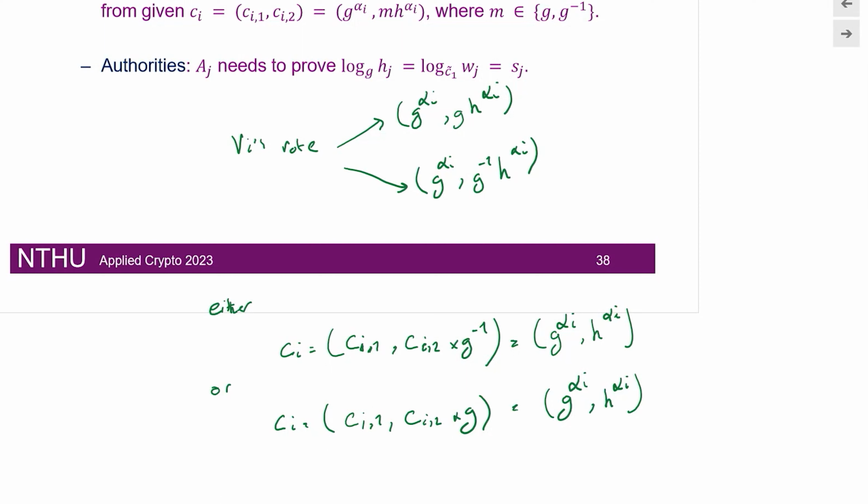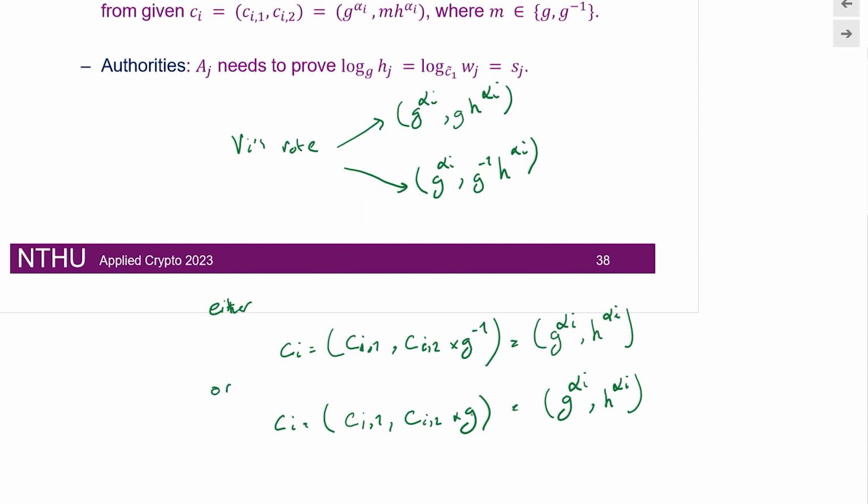In order to prove it, this voter doesn't want to leak what his vote was. So we need to find a proof, and he only needs to prove one of them because he's voting for one. If you notice, for the first one, we multiply the second part by g to the minus 1, so we get this value.